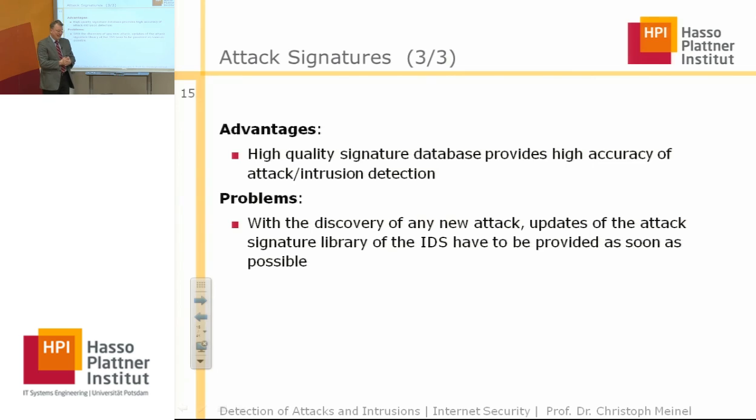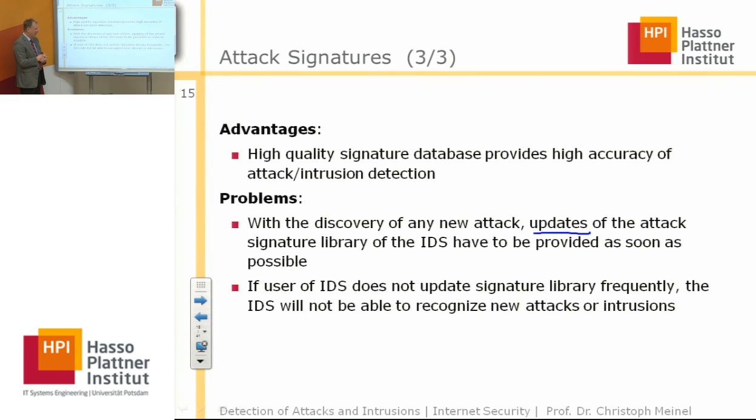That means that this attack signature library needs to be updated as soon as a new attack is discovered. If users of such signature-based intrusion detection systems do not update their signature library, then the intrusion detection system is not able to detect attacks.